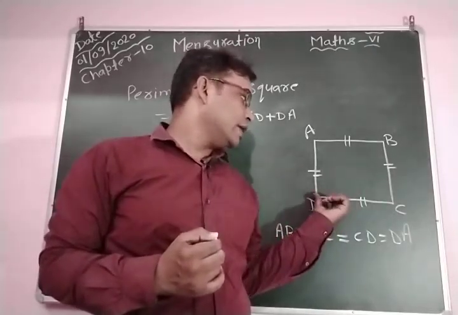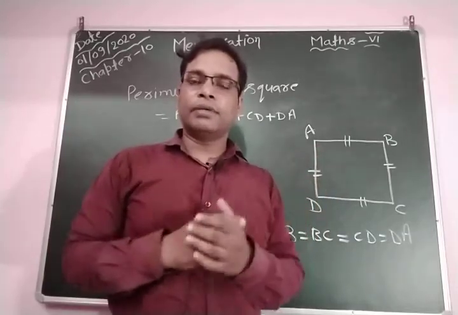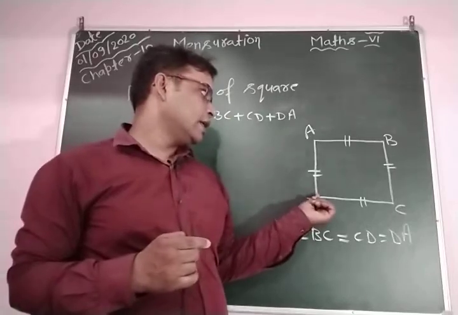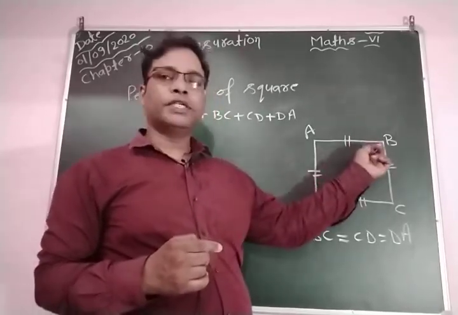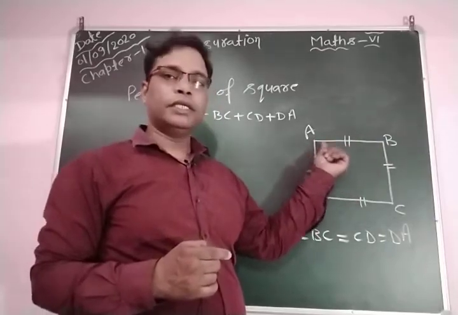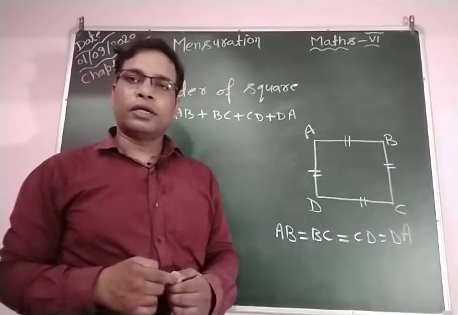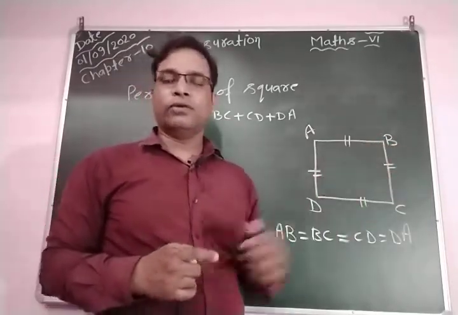If you join opposite vertices of a square, we obtain diagonals. Vertex D is opposite to vertex B, and vertex A is opposite to vertex C. So BD and AC are diagonals.